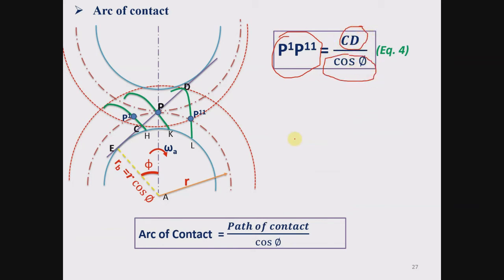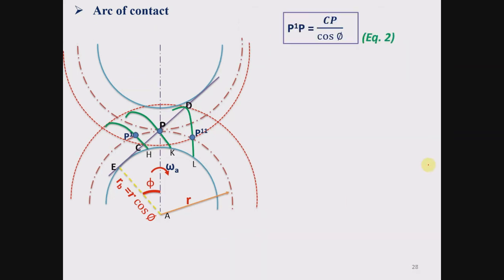This is the final equation for arc of contact. So remember this, arc of contact is equal to path of contact divided by cos of phi, meaning CD divided by cos of phi. In order to determine the arc of contact, you must first find the length of the path of contact, that is distance CD on the pressure line, and you must know the value of pressure angle phi.